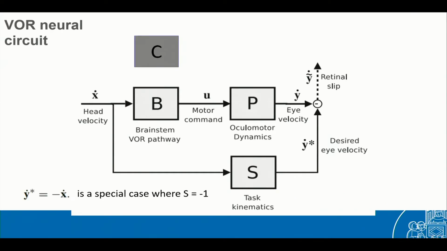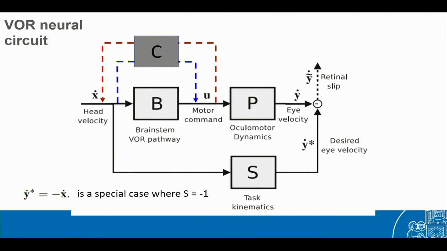And again, as we have done for the saccades, we introduced a cerebellar module that can help, for example, in improving the accuracy and the speed of the eye in order to really balance and counteract the motion of the head.